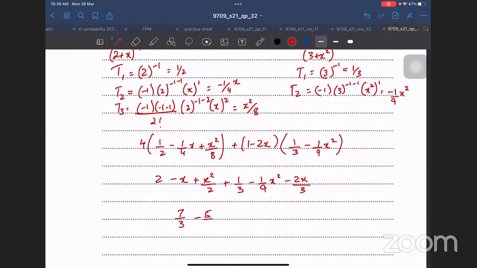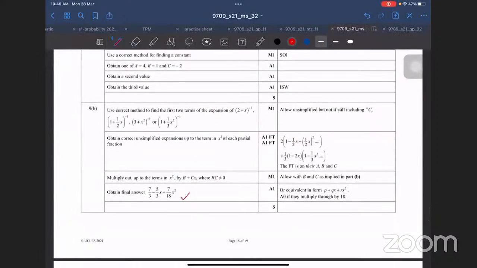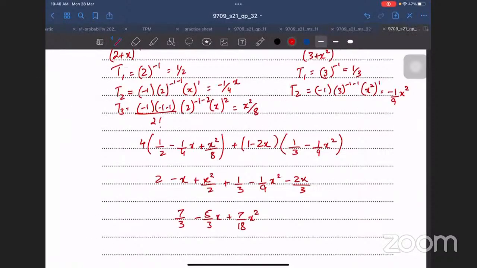Minus 5 over 3. What is half minus 9? 7 over 18. Okay. Looks unusual. Let's see. 7 over 3 minus 5 over 3 and 7 over 18. Right. Okay.